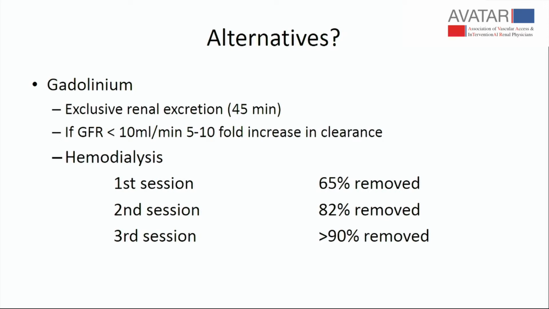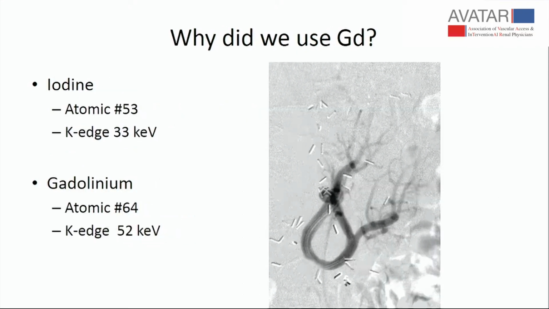And we ended up with the syndrome of NFS, which sclerosed the skin and caused a lot of complications. And that is mostly in the use of the triple recommended dose of gadolinium. Gadolinium is recommended at no more than 20 cc total, and we were using 60 in these patients.